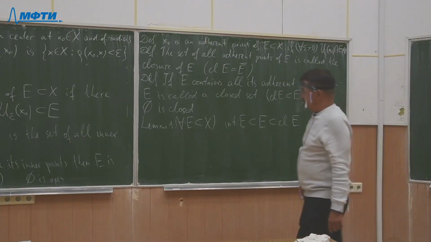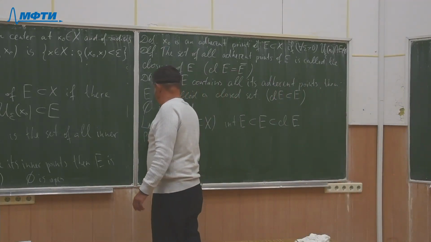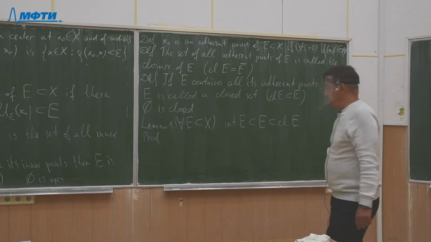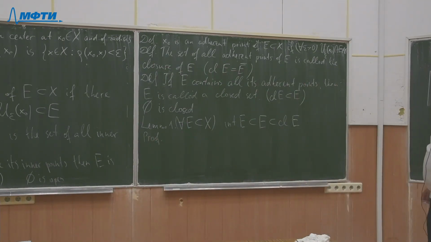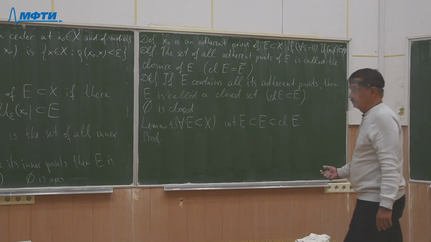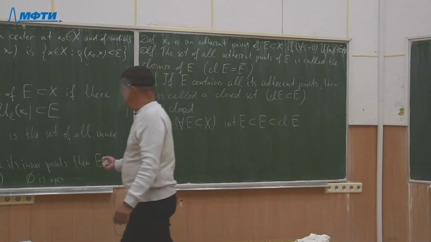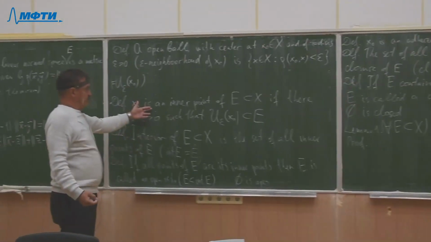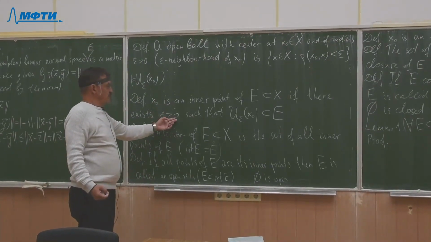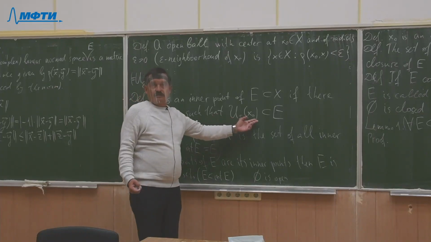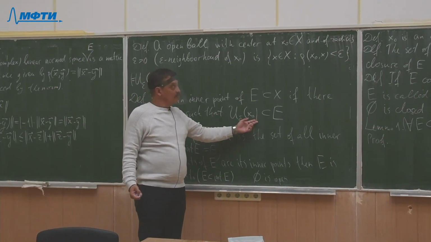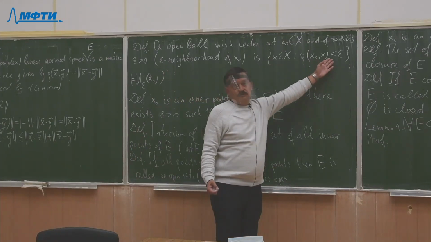Proof. Look, what is an inner point? There is epsilon greater than 0 such that a neighborhood belongs to the set, right? But look at the definition of a neighborhood.